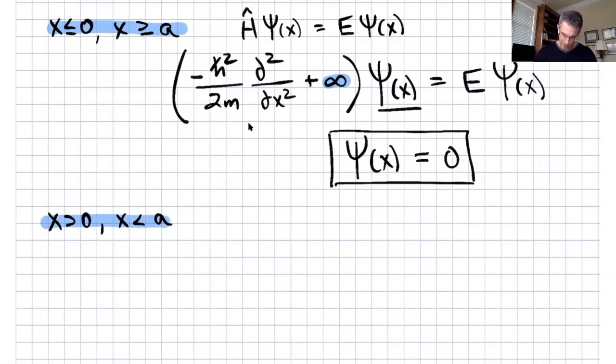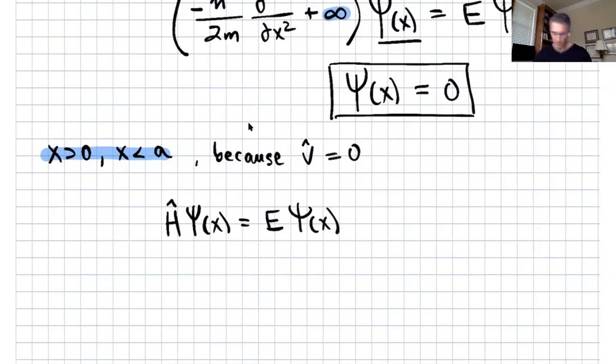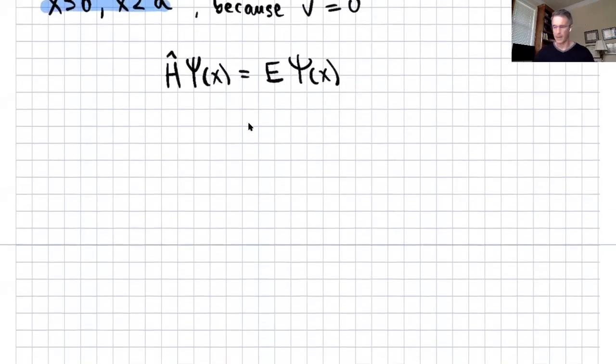Because inside the box we constrained our system so the potential energy operator is equal to 0, again we can write down that time independent Schrodinger equation.